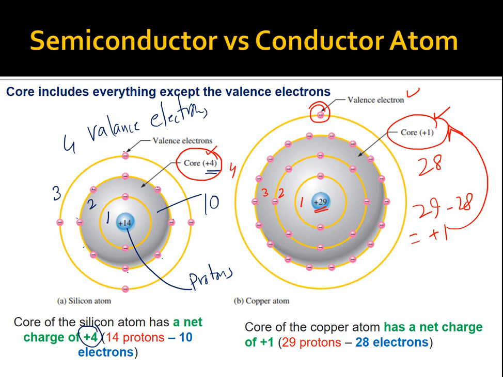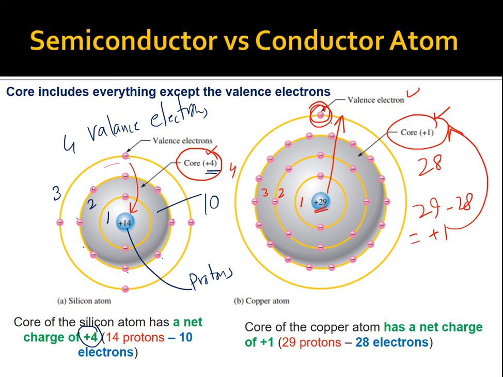So these 4 valence electrons will have stronger bonding with the nucleus compared to this valence electron, because it is in the fourth shell. As we move away from the nucleus, the bonding is reduced. So these valence electrons will have lesser bonding with the nucleus compared to these valence electrons, because they are in the third shell and this is in the fourth shell.